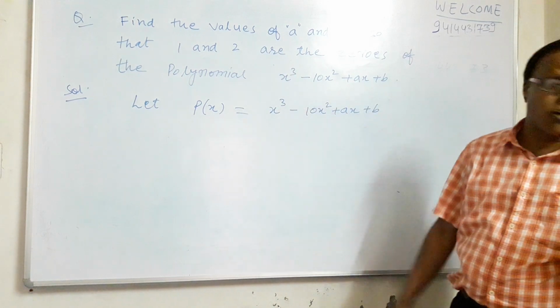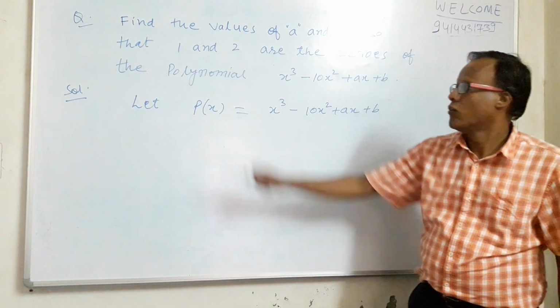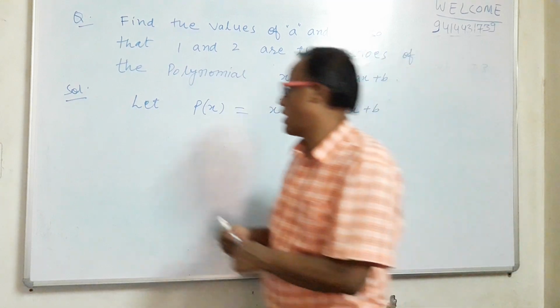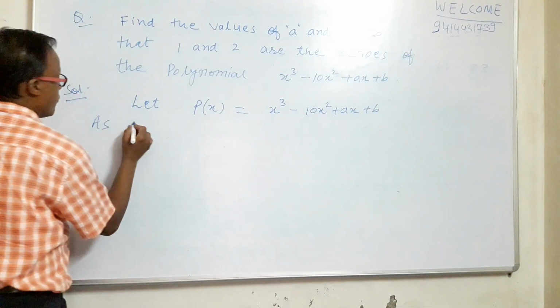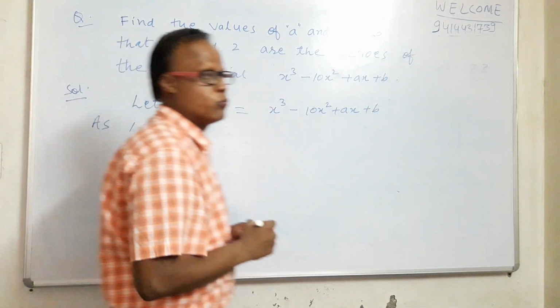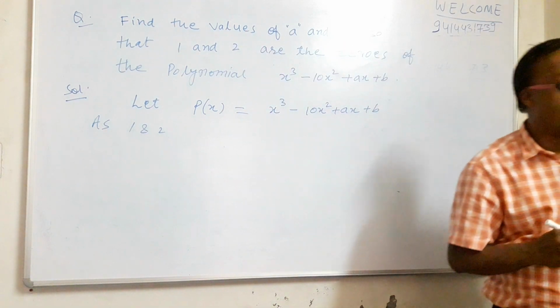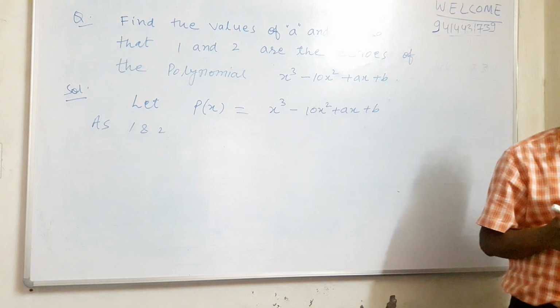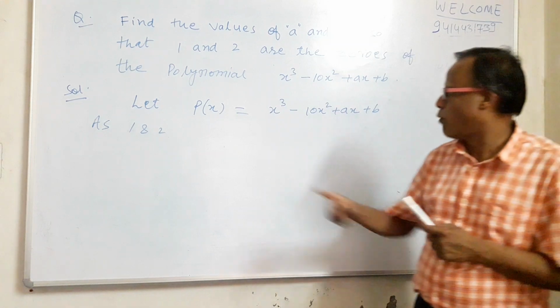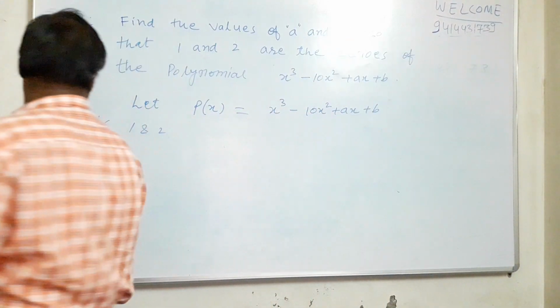Now next line, write down: as 1 and 2 are the zeros of polynomial P(x).